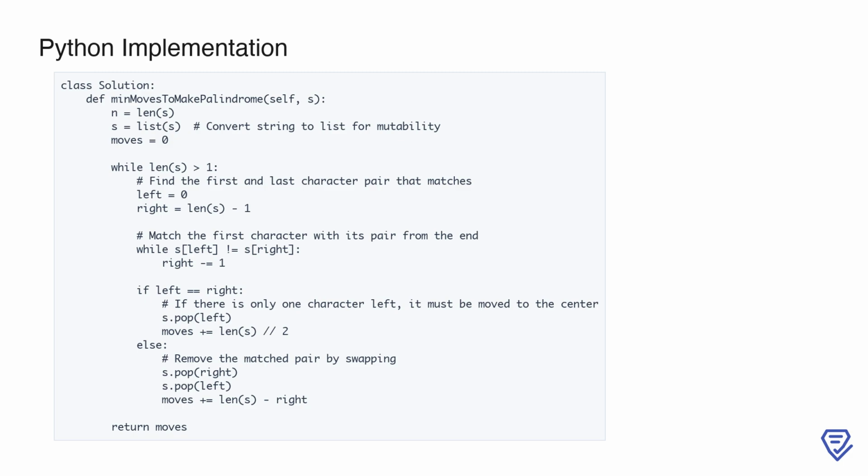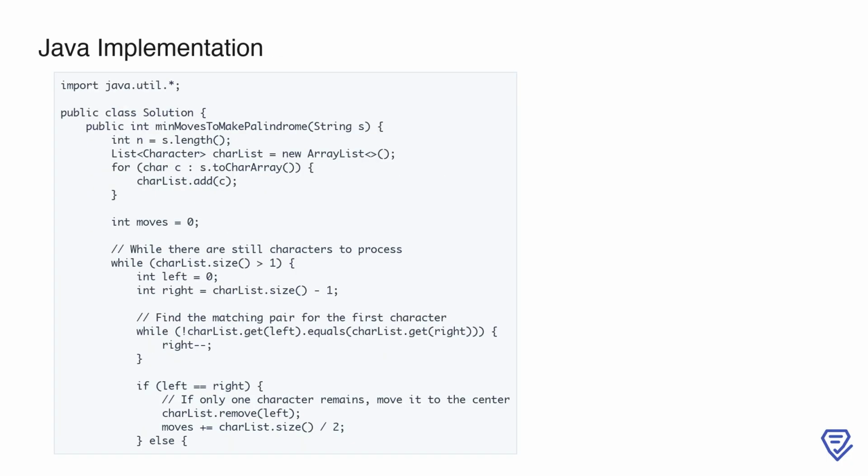This process continues until the string is transformed into a palindrome. Finally, the function returns the total number of moves. This approach ensures minimal swaps by always focusing on the closest possible matching pair, making it efficient in both time and space complexity. Here, we start implementing the solution in Java.